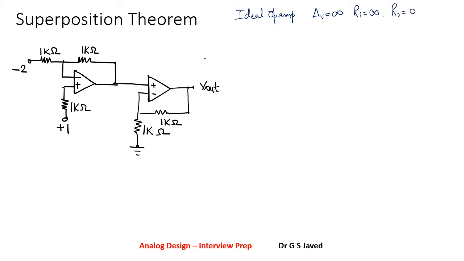Since the voltage gain AV is given as V0 by VID, where VID is the input difference of the op-amp terminals, VID, the difference of the voltages between the inverting and non-inverting terminals, is V0 by infinity, or 0.